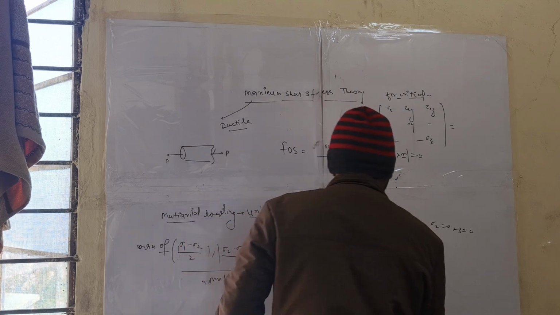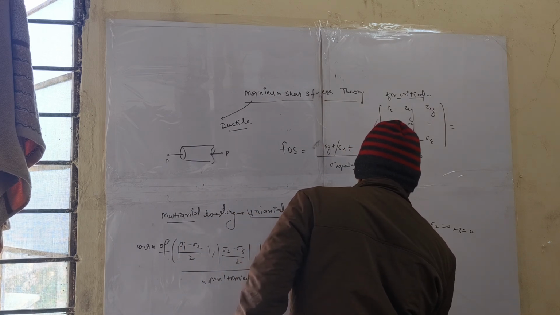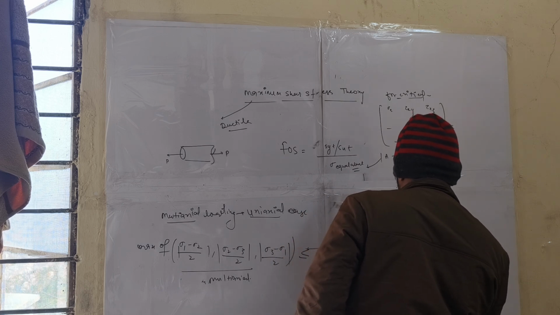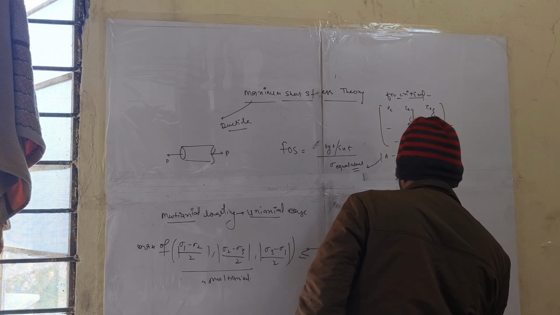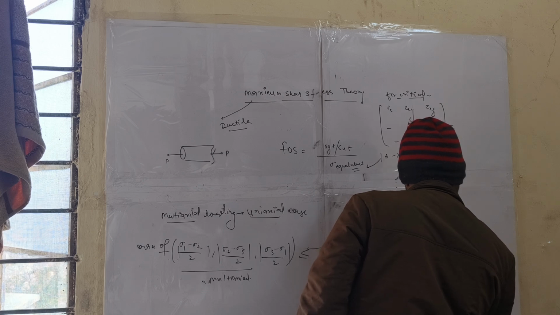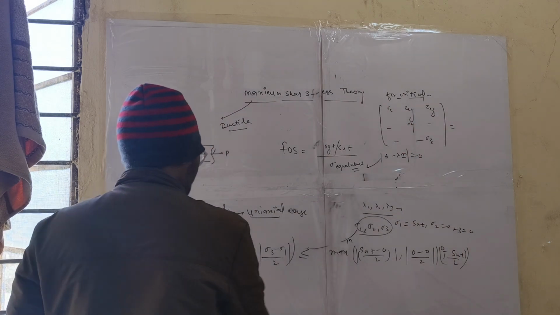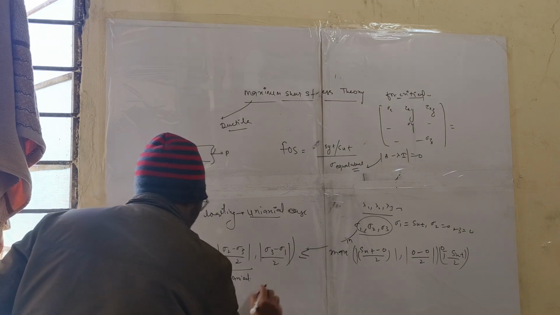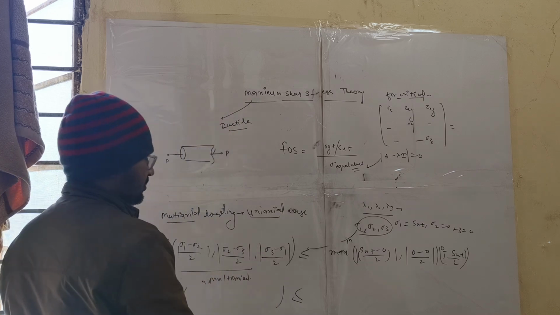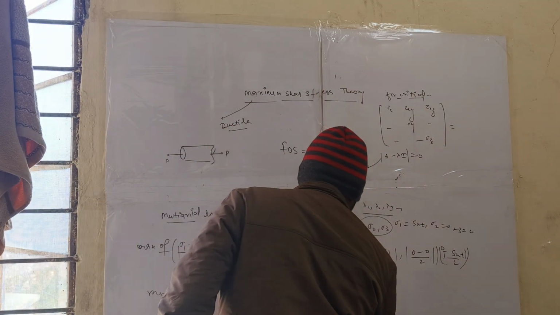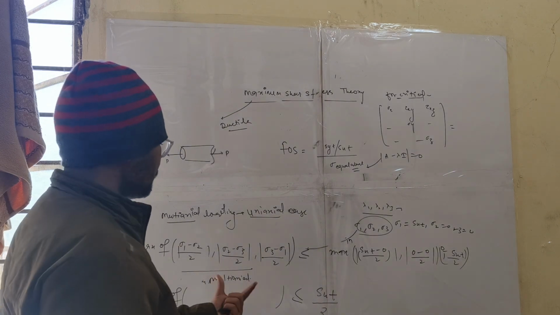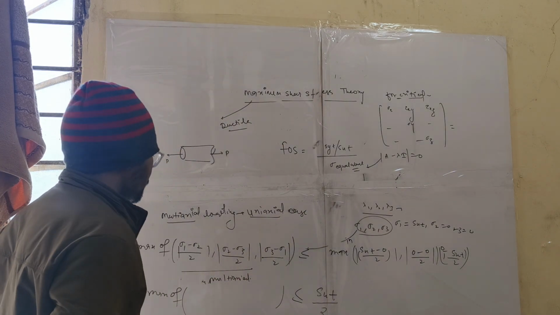Here the maximum of (SUT minus 0) by 2, (0 minus 0) by 2, (0 minus SUT) by 2. Here comes the maximum, which is SUT by 2.